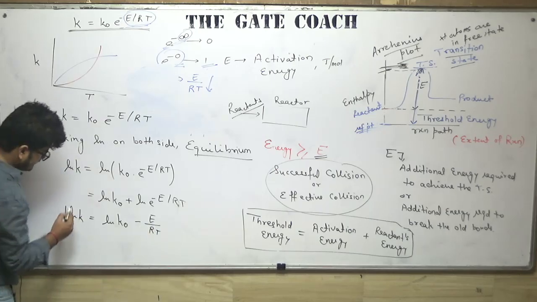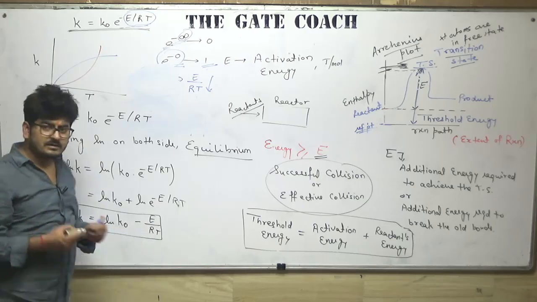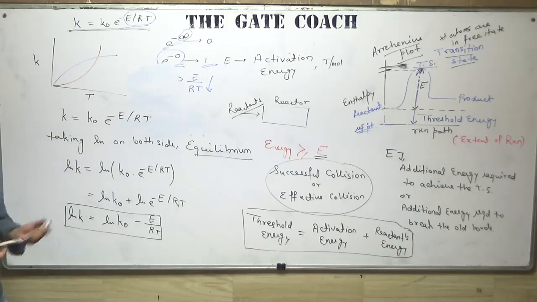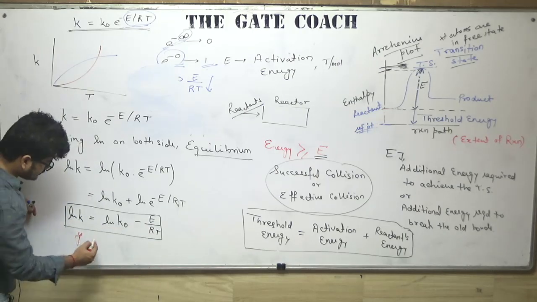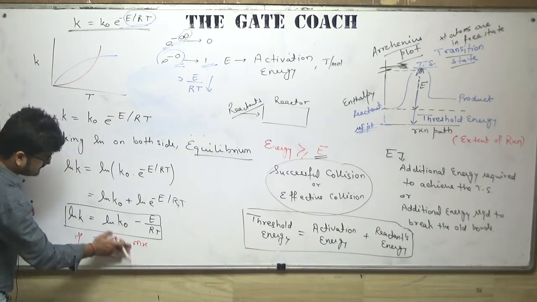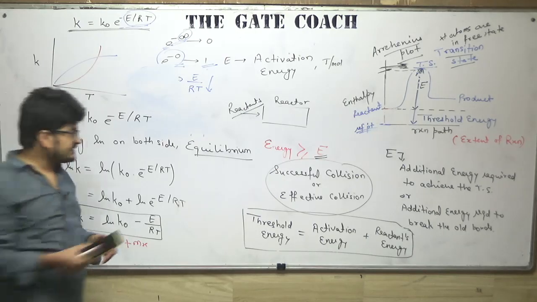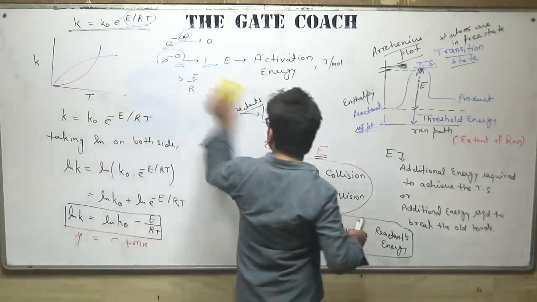So ln K is equal to ln K naught minus E over RT. And if you see, this is a straight line equation like y is equal to mx plus c, where m is the slope, c is the intercept.